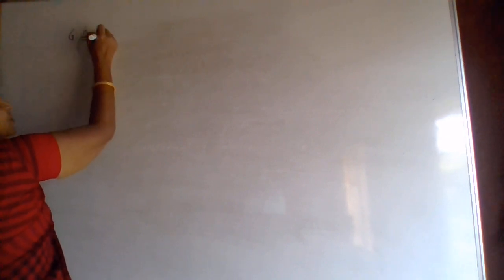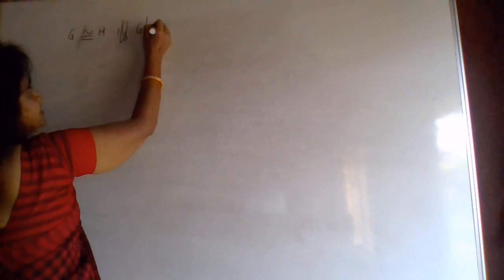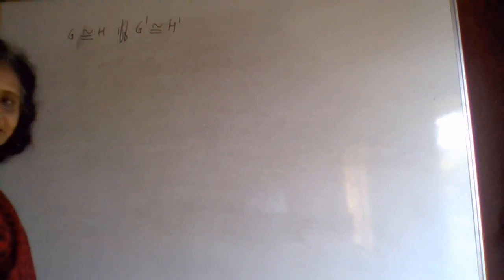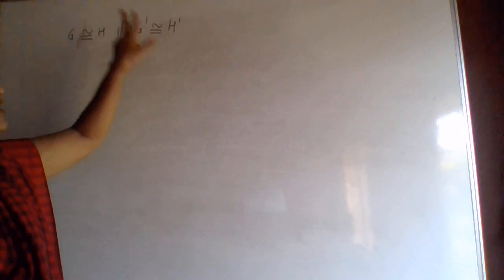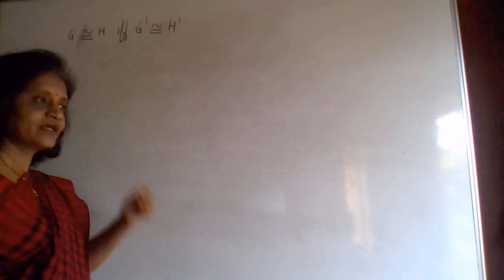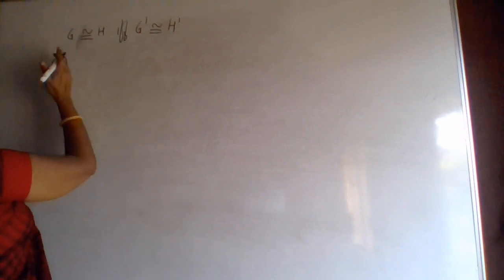I have here G and H, and use the notation: G is isomorphic to H if and only if G dash is isomorphic to H dash. This means if two graphs are isomorphic, their complements are isomorphic. If the complements are isomorphic, the given graphs are also isomorphic. Let's prove it now. First we'll prove it this way.